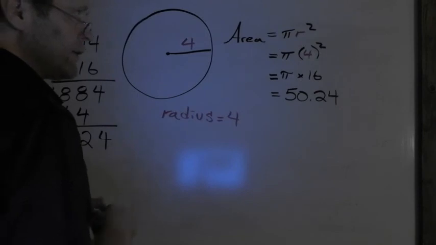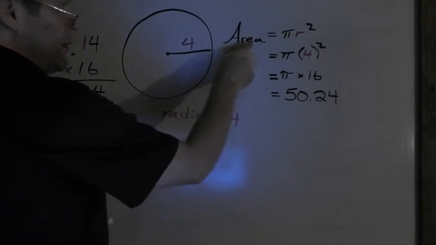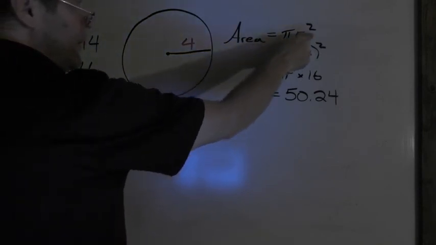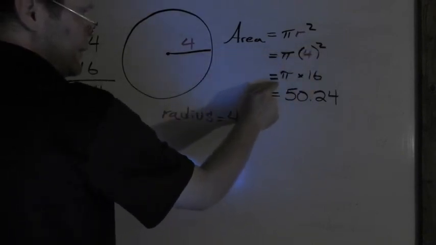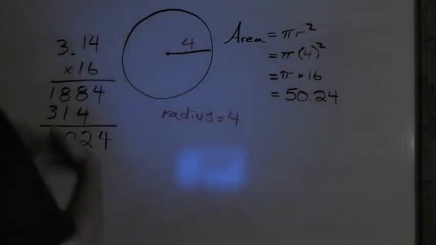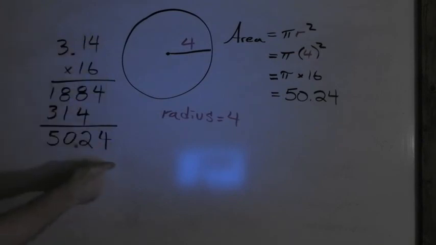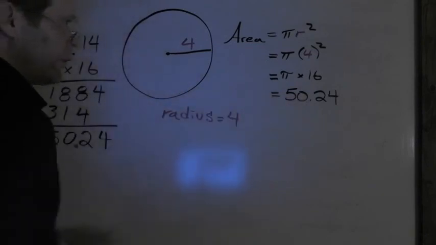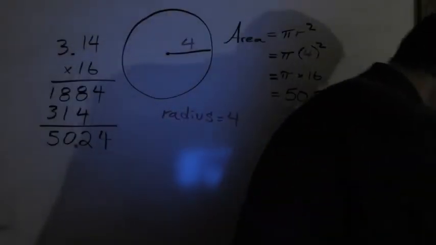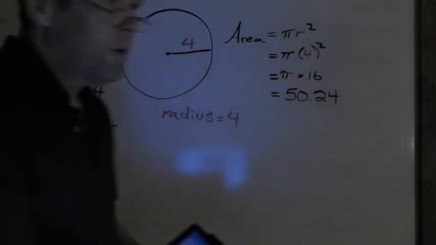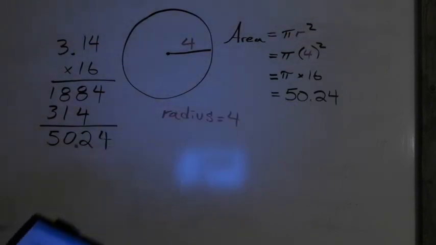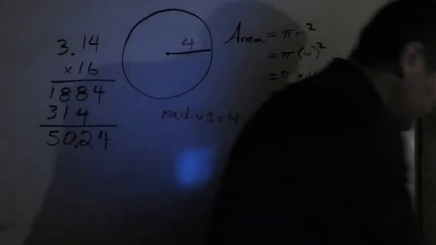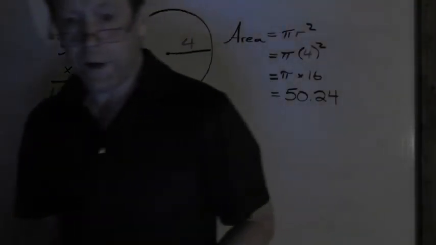That's our radius. Looking here, we have area is equal to pi times r squared is equal to pi times 4 squared is equal to pi times 16. Going over here, we check our math, running through it, we have 50.24. 50.24 is our answer. And once again, we put that in the calculator just as a final check, and we say, yes indeed, 50.24 was our answer.